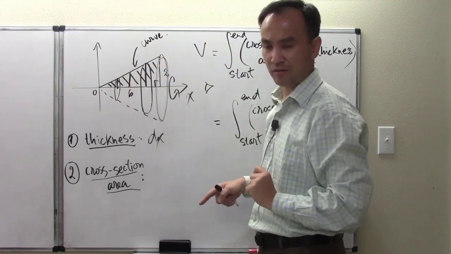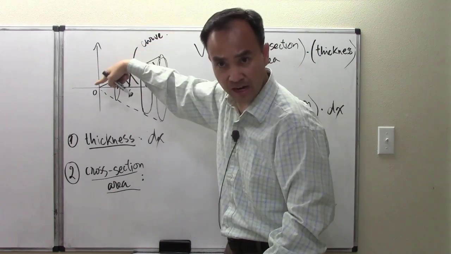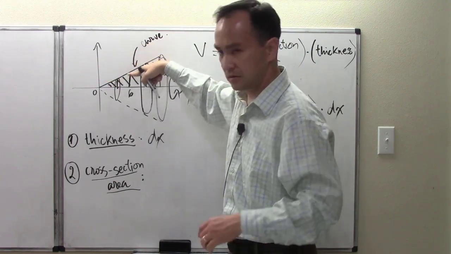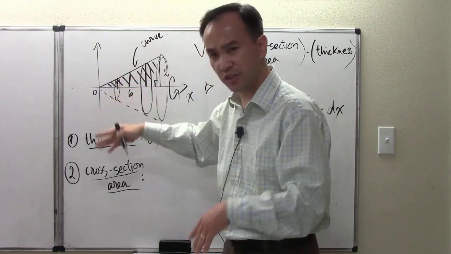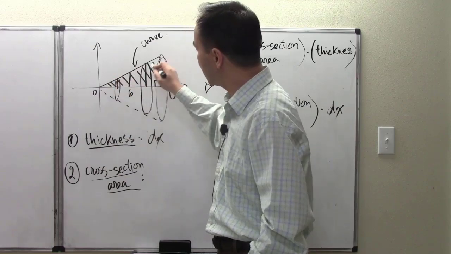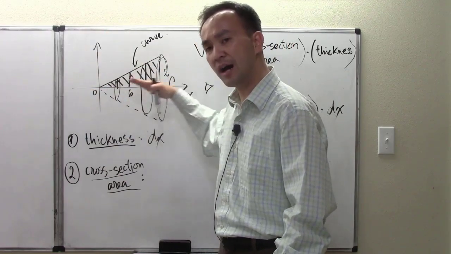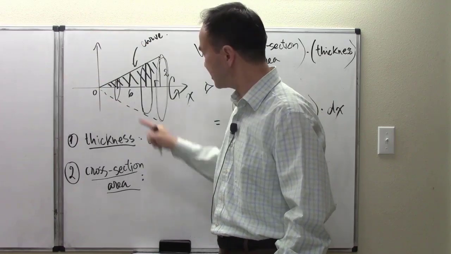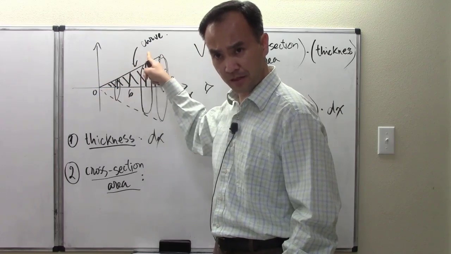So the boundary here really is a graph, and we need to find out what it is. Originally it's just a geometric figure, but once we put it on the x and y graphing system right here, there's a way to find out. First of all, we realize it's a line, a straight line.